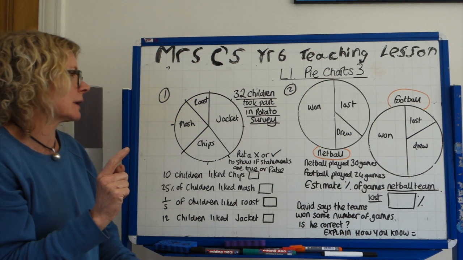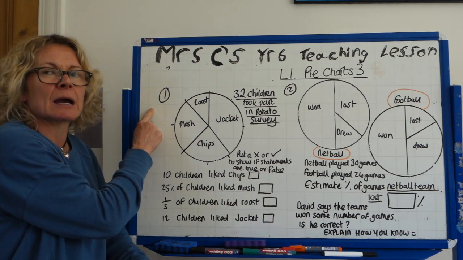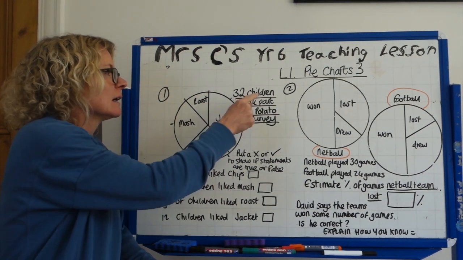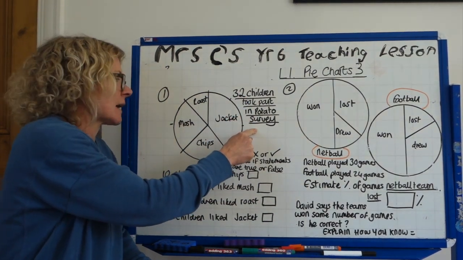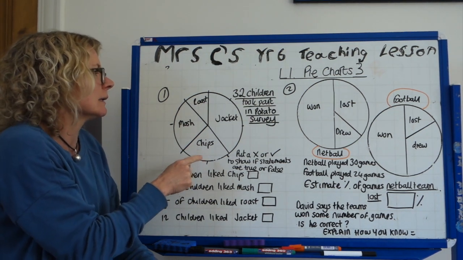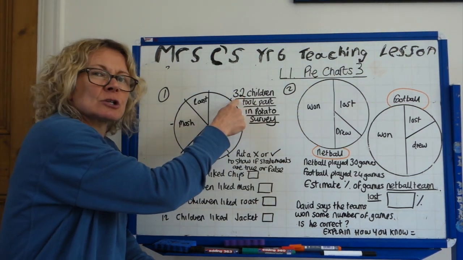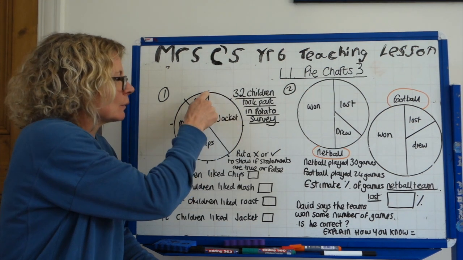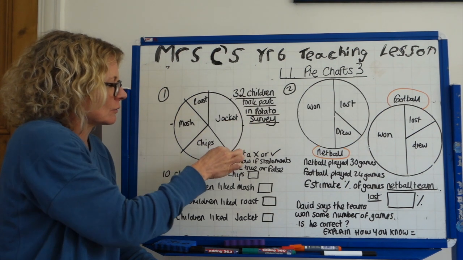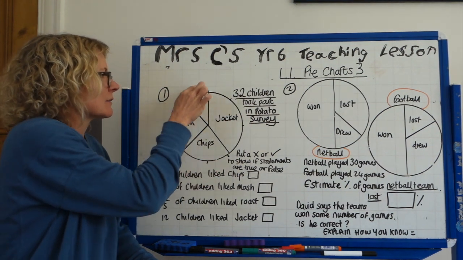Good luck, right? So the first graph is showing 32 children represented here and they're taking part in a potato survey. Different ways that they like to have their potatoes cooked, okay? So if the graph is 32 children and we've got it here split into eighths. Can you see? 1, 2, 3, 4, 5, 6, 7, 8.